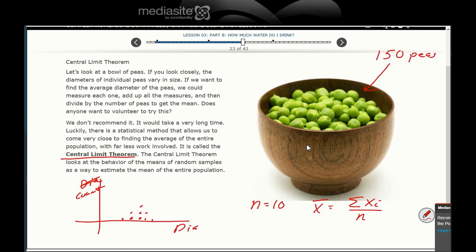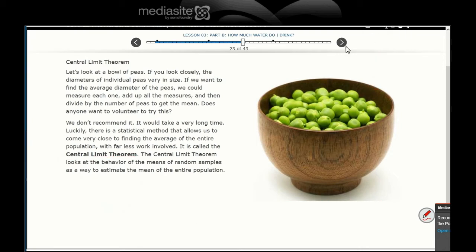And what you end up getting is basically a distribution around close to the actual mean. So you bracket it. All right, let's go on with it.